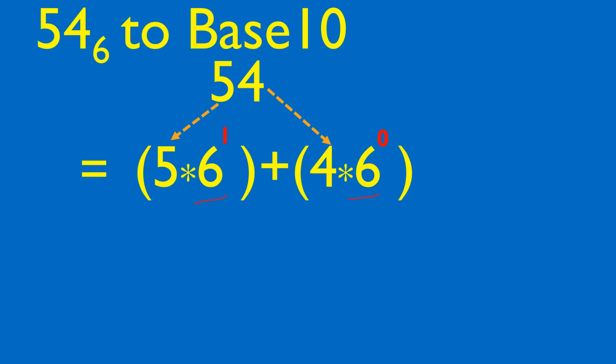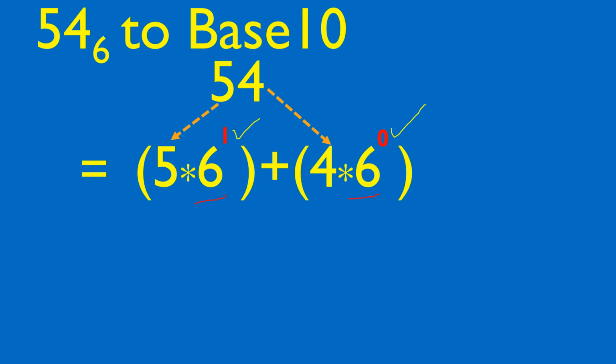So we keep increasing from 0 on the right hand side, as we can clearly see, and then we move to 1. So this is how we convert from a number base to base 10.